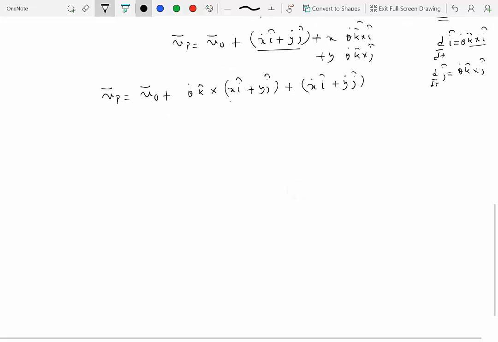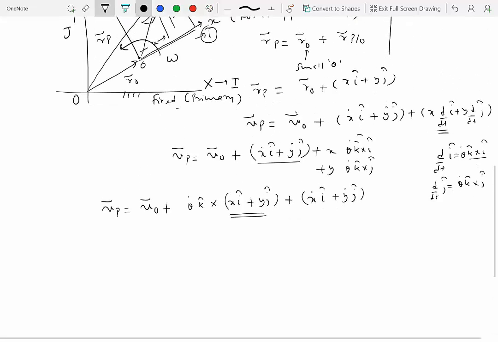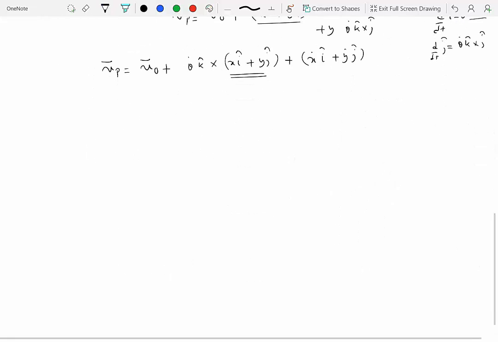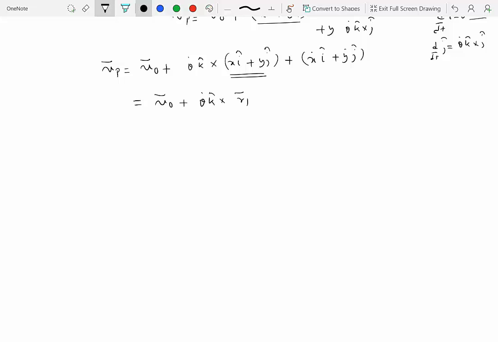Now what is this quantity? This is nothing but the position vector of P with respect to O, right? So let's write that. This would be V_O plus theta dot k cross r of P with respect to O. What is this other quantity? This quantity we will call V relative, for reasons that will become clear very soon.